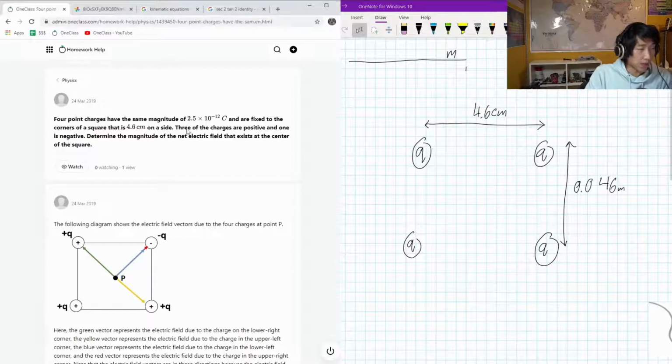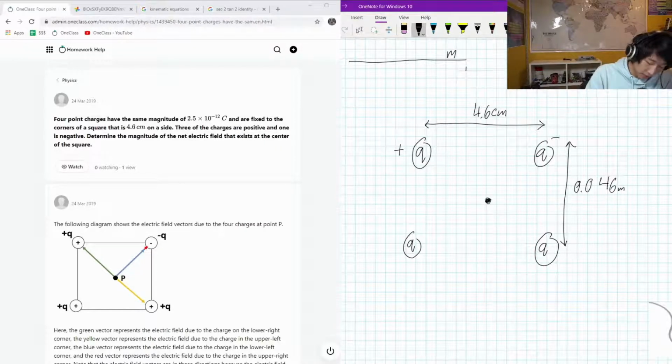3 of these charges are positive and 1 is negative. Determine the magnitude of the net electric field that exists at the center here. If 3 of them are positive and 1 is negative, let's call this one positive, this positive, and this positive. I'll change this one up here to be a negative so that it lines up with the diagram that we have down here.